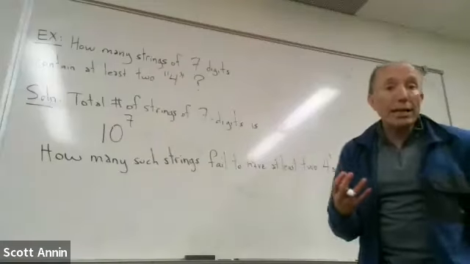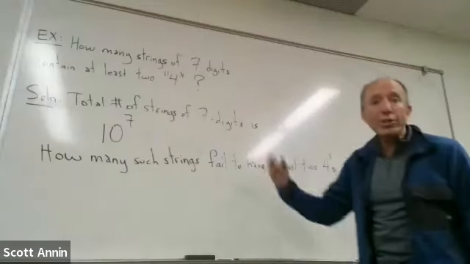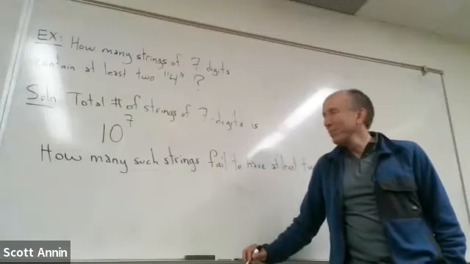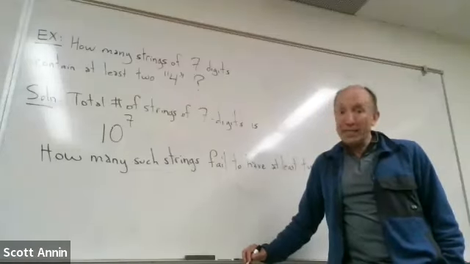In other words, I would like to count strings of 7 digits that have either 0 4s or 1 4. Either no 4s at all or exactly 1 4.